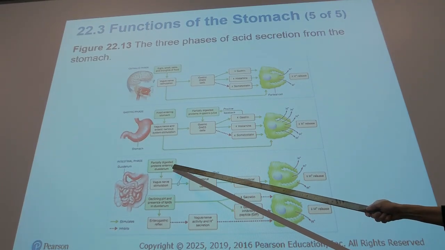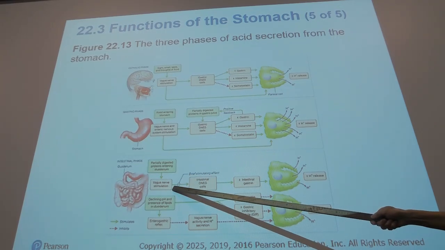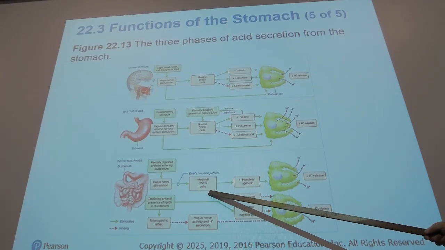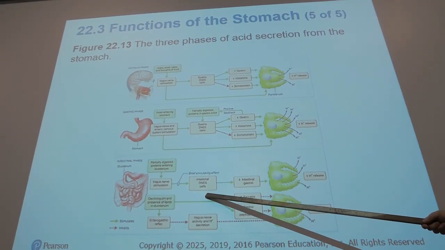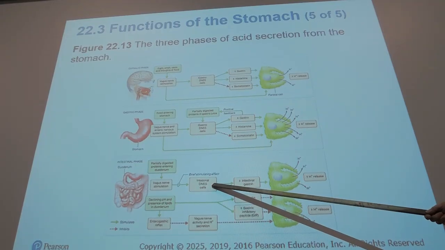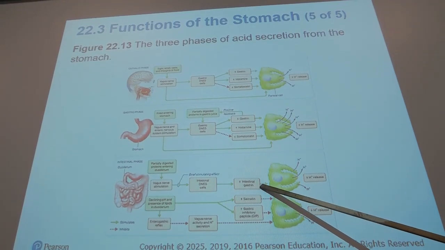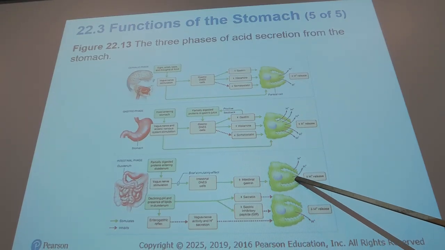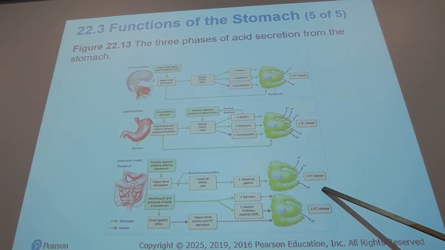So you have polypeptides going into your duodenum. That will stimulate your vagus nerve briefly, and then that is going to stimulate also some G cells that we have in the intestinal epithelium. That is going to lead to the release of gastrin, intestinal gastrin. That is going to release more hydrochloric acid.